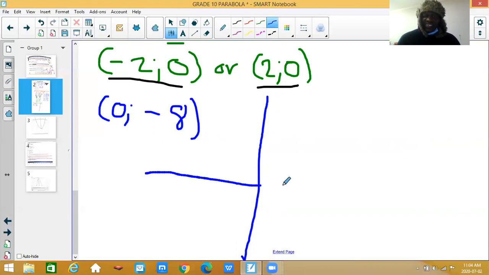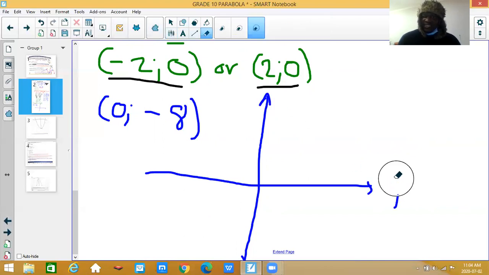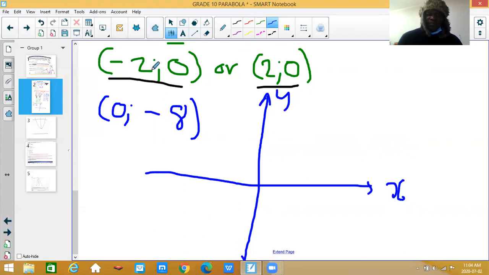We want to sketch our graph. This is the x-axis, and this is the y-axis. This graph cuts the x-axis at minus 2 and at 2.